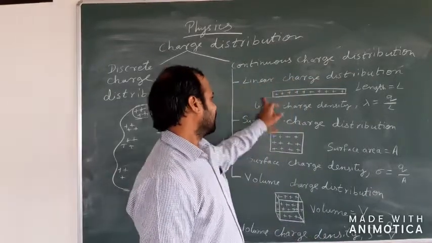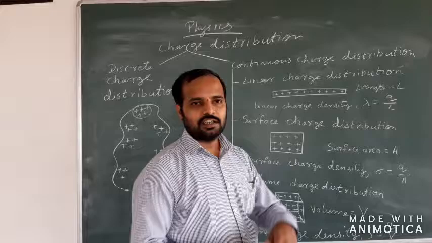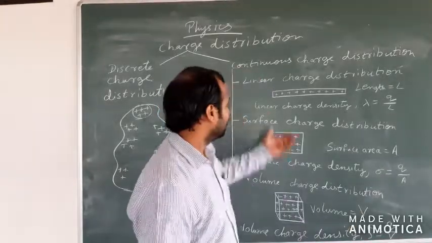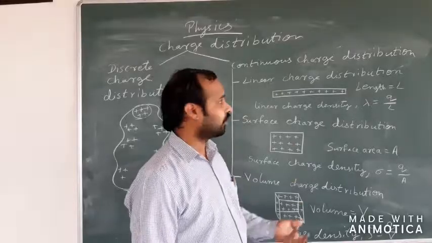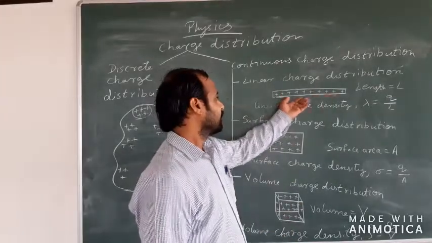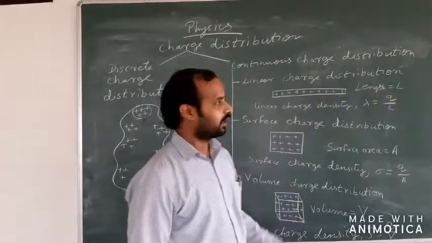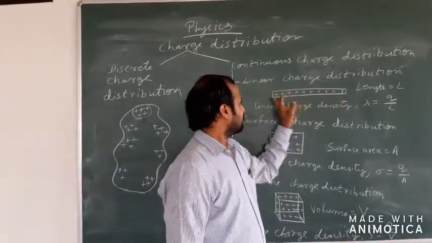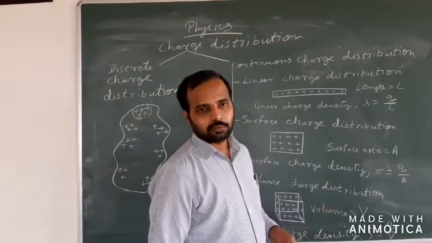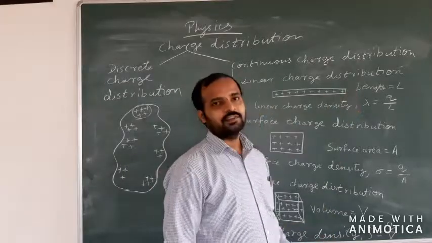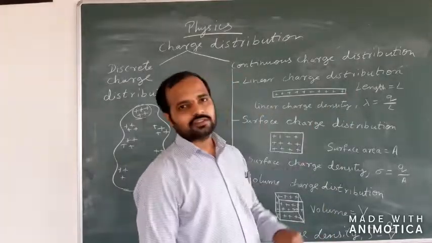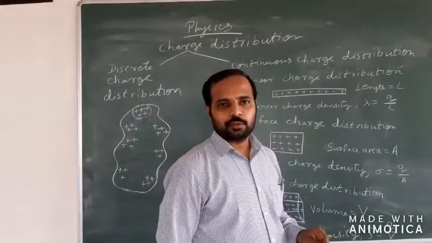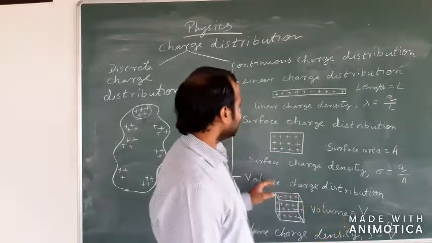In this case, whenever I charge a linear conductor, in the sense that I take a thin wire or thin metallic rod of length L, and I put some charge Q on it, then the charges will be distributed uniformly all over the length of the conductor, and this happens so that the charges will experience minimum electrostatic force between them.